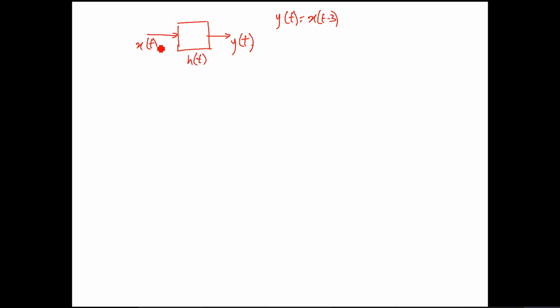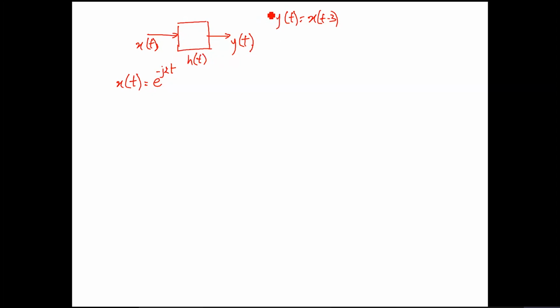It was said that if the input x of t is equal to e raised to the power of minus j2t, then what would be the output? So this was the input, this was the system, and we were supposed to find out the output.